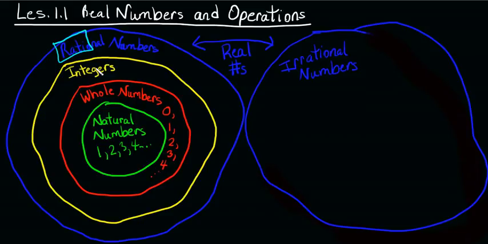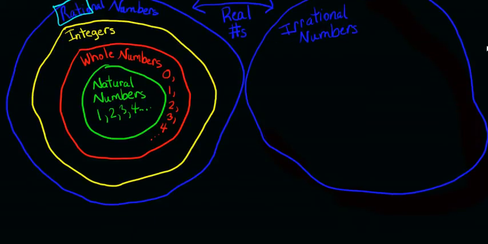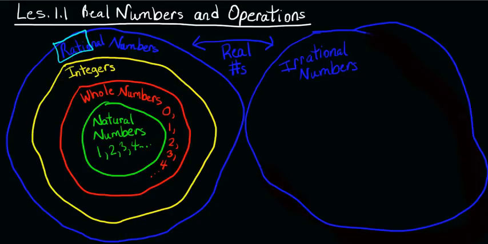Now if we move on up to integers, I want you to think of a number line, and we know that we have negative numbers on the number line. Integers include those negative numbers. So it would be -3, -2, -1, 0, 1, 2, 3, and so forth.